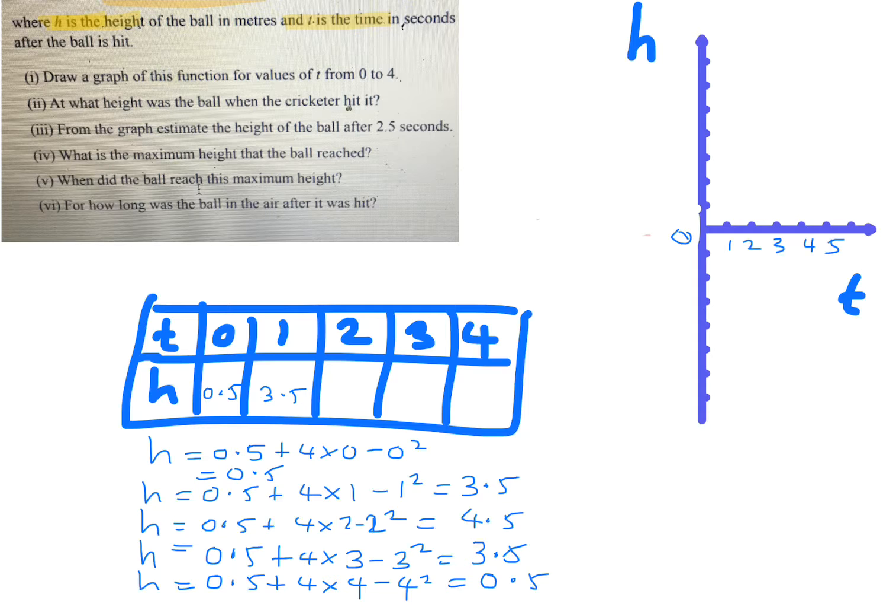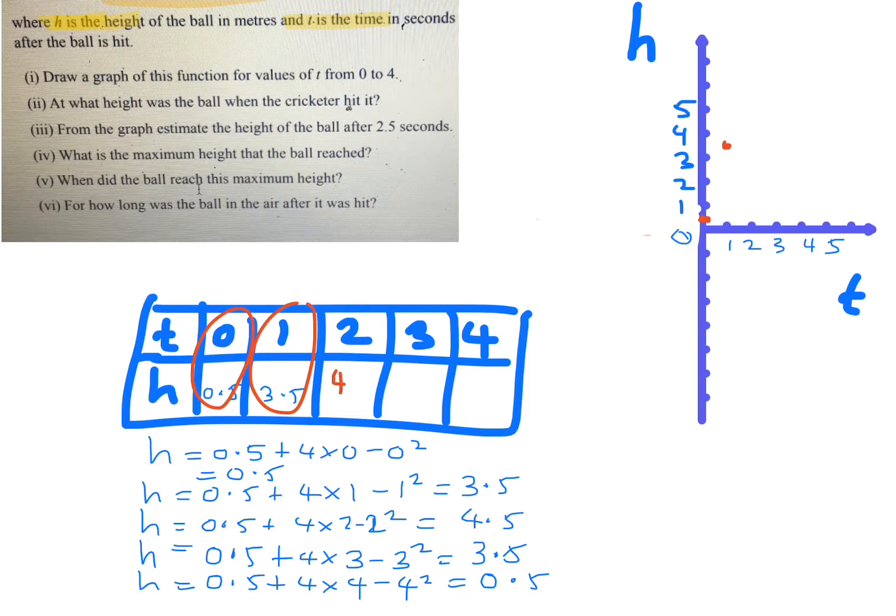So let's plot those points. So the first one is 0.5. Now they go all the way up to 4.5. So we'll call that 1, 2, 3, 4, 5. So, and I'll just plot it. So we go 0, 0.5, across 1 up to 3.5. It's that one.